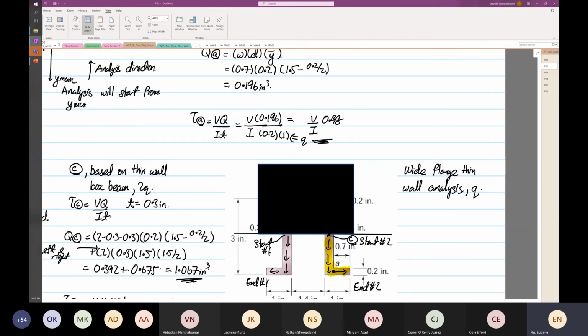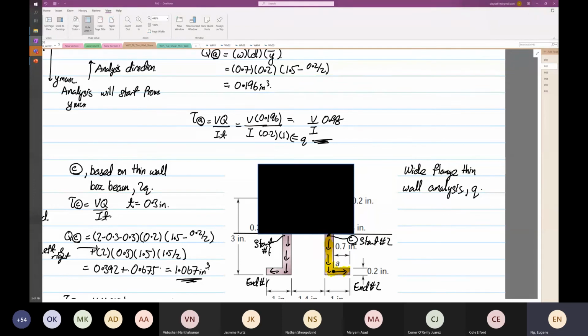Now the thing is, our first moment of area has to be the same. If it's not the same, we might be in a bit of trouble. Or, no, it can be different, but the shear stress at point C, whether you take it from the top or the bottom, has to be the same. Okay, let's go.